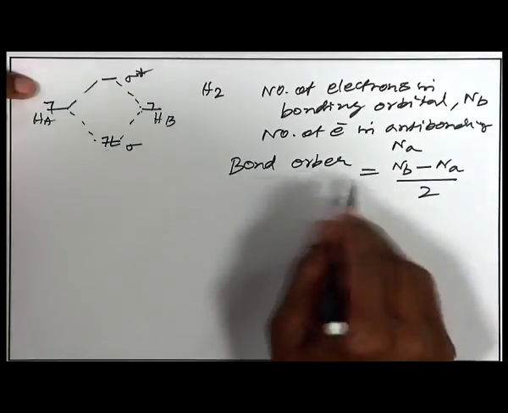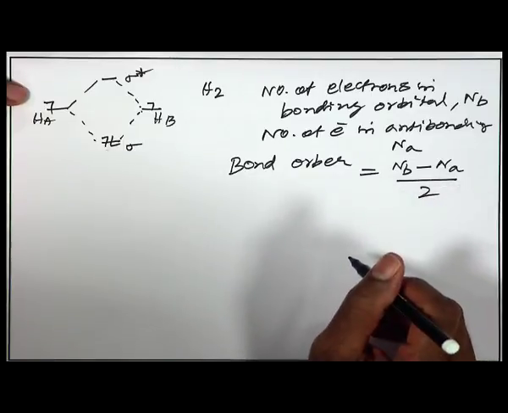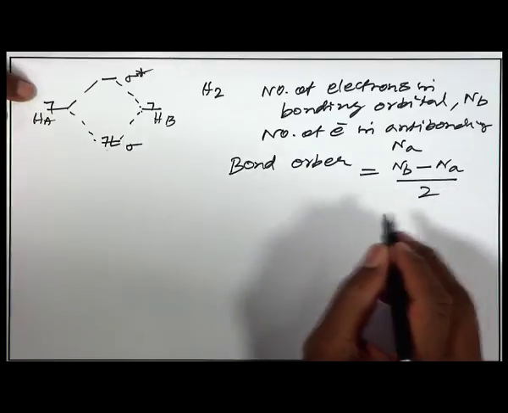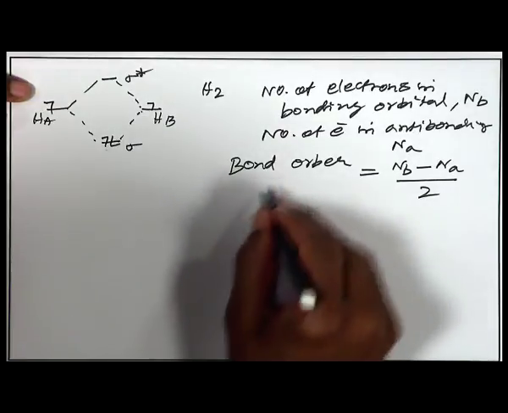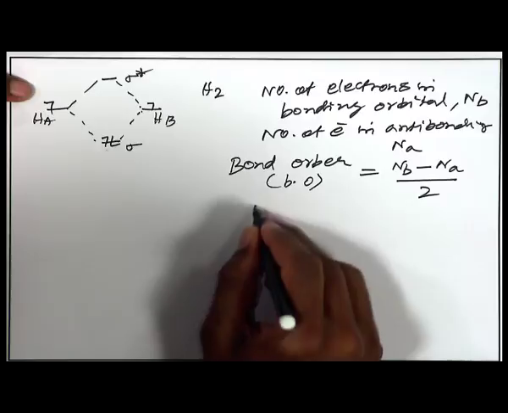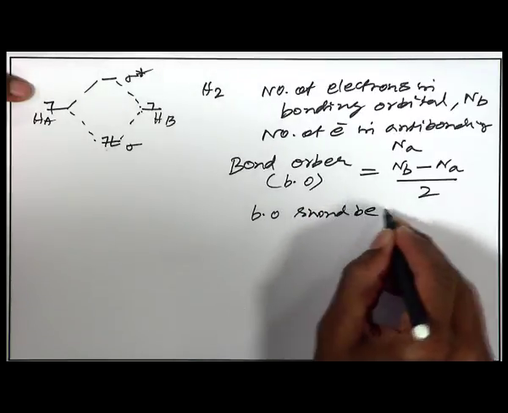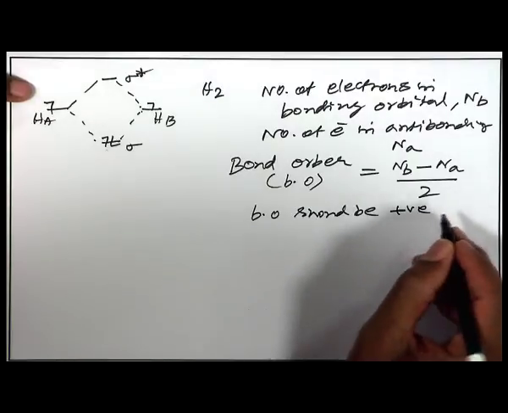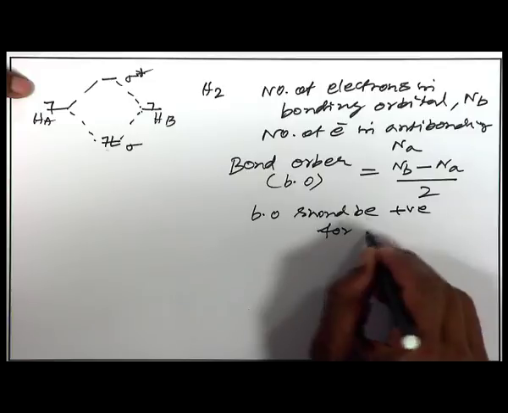So, from this bond order we can talk about the stability of the molecules. The bond order should be positive for a stable molecule.